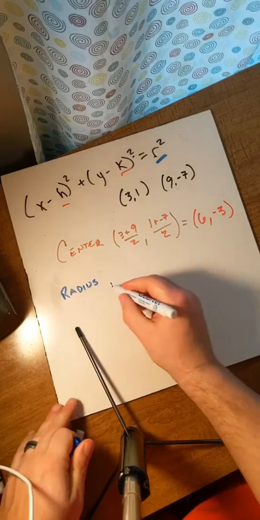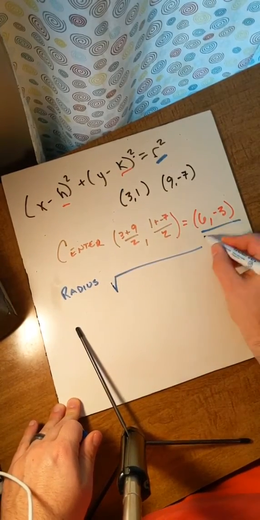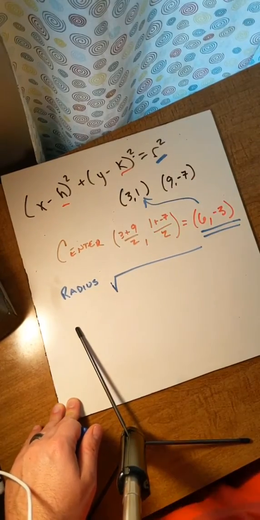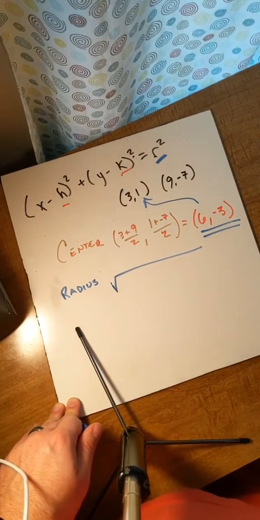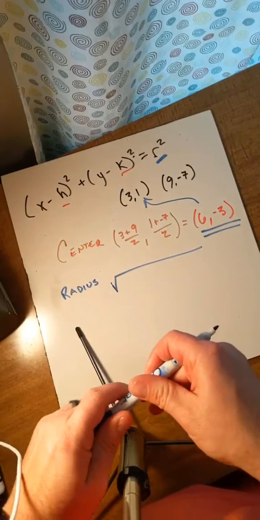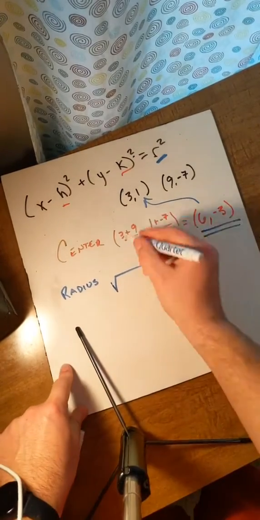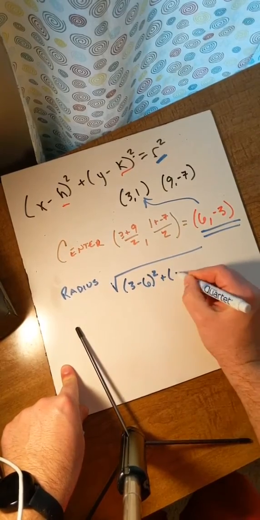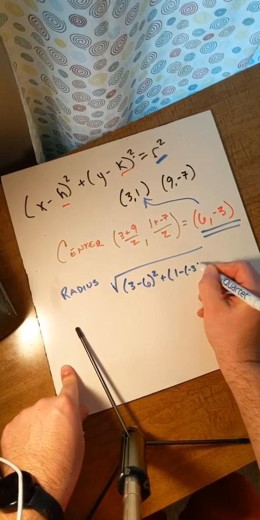All right, so for the radius, we have to go from the center to either one of these points. I'm going to go to that one here because there's fewer negatives. And I just said that even though last time I made a mistake with the negatives. Okay, so we got 3 minus 6, squared, plus 1 minus negative 3, squared.